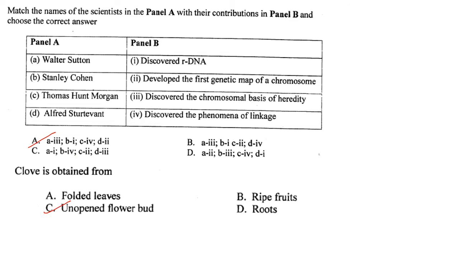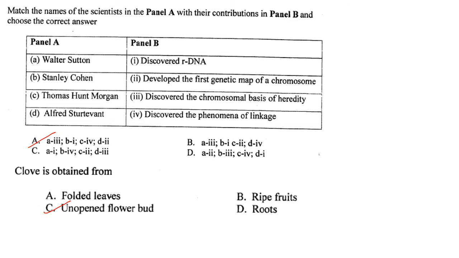Match the name of the scientist in panel A with their contributions in panel B and choose the correct answer. Walter Sutton discovered the chromosomal basis of heredity. So A3. So C and D are given as A1 and A2 respectively, and we will not take those options, that is C and D, into consideration.